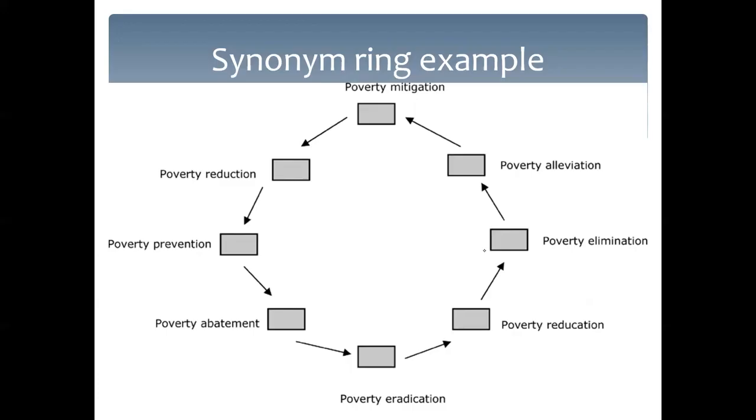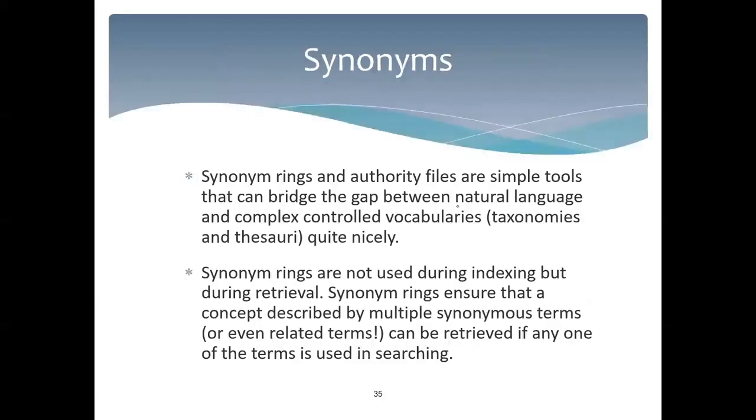Because obviously they're not quite the same exactly, but there is that relationship between them. So synonym rings, that's a way on a system side to be able to relate things that are related and for the system to be able to say, okay, also include these other things.